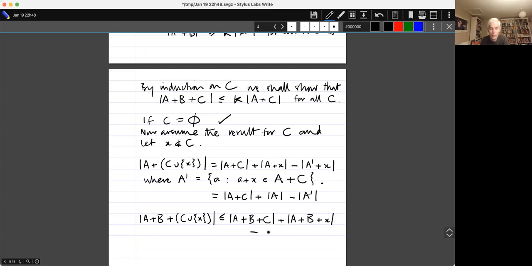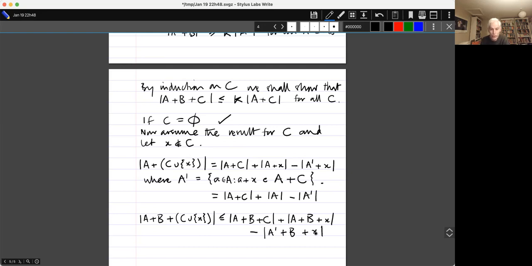So I can take away things in A dashed plus B plus x, and notice that A dashed plus B plus x is a subset of A plus B plus x. I didn't make that completely clear, but let's just quickly put that in. So it's a set of A belonging to A, such that A plus x belongs to A plus C.